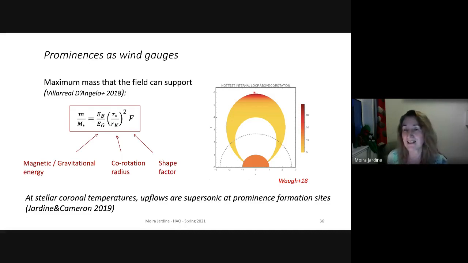Not only that, the surface is unaware that the maximum mass has been reached and the prominence has been ejected. It will just keep blowing material up the legs of the loop, and a new prominence will form. So for many of these stars, their coronae are so hot, the winds are so fast, that the prominences form and are ejected just in a limit cycle.